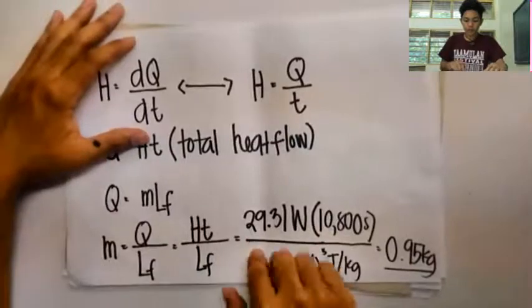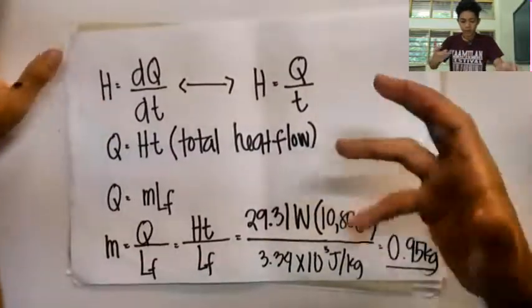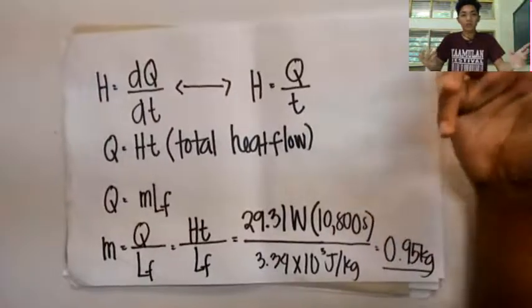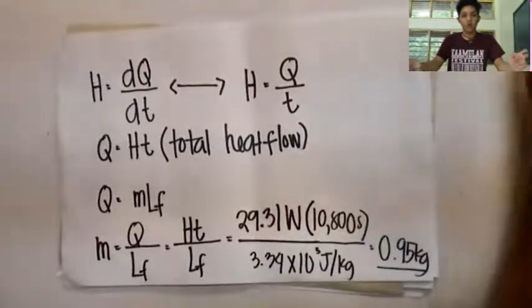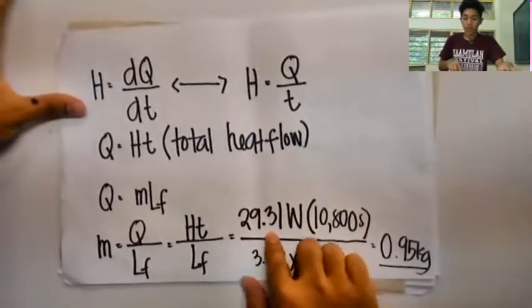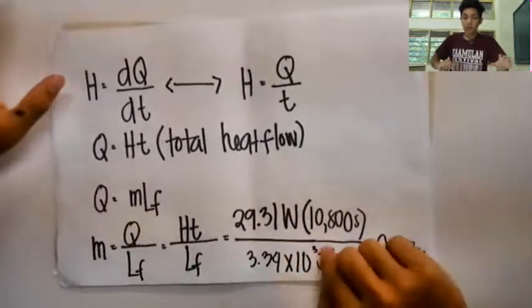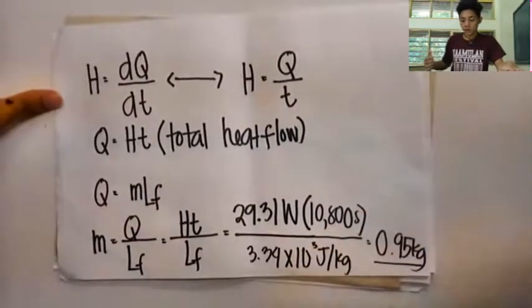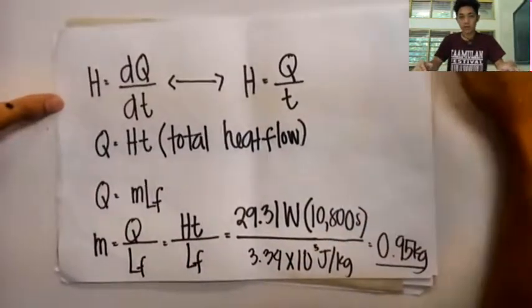We substitute the value of H, the amount of heat current flowing into the styrofoam cooler, which is 29.31 watts. Then convert 3 hours into seconds, which is equivalent to 10,800 seconds.